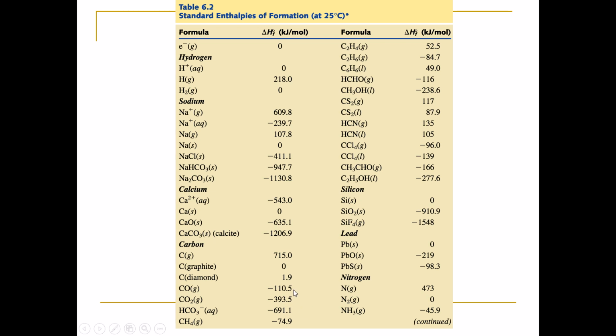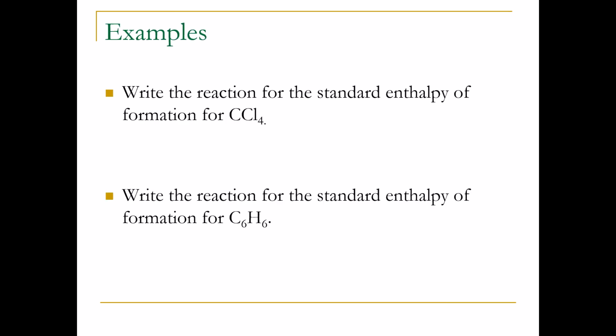Okay? You can find tables of these values in your book and online for just about any compound or ion that you're interested in. Alright, so we're going to start with writing our heat of formation reactions, and then we'll look at using the values to calculate delta H.